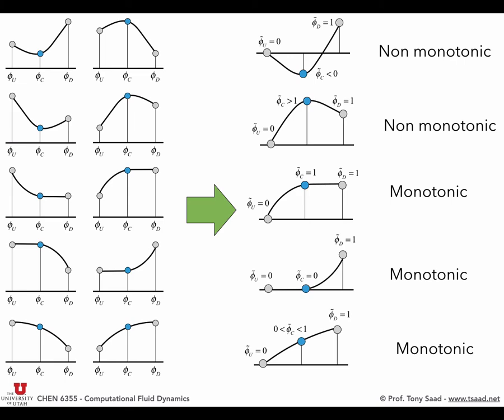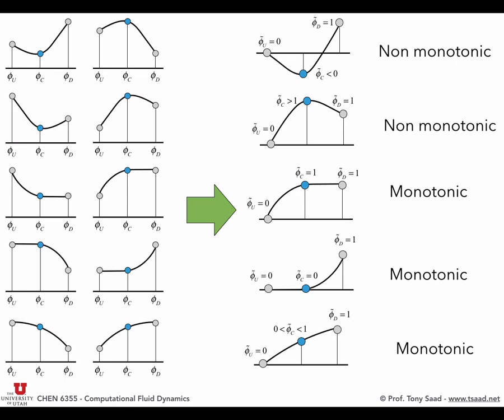Notice one more thing: phi f is here, the east face of phi c. For monotonicity, the value of phi f is always going to be greater than phi tilde c and less than 1.